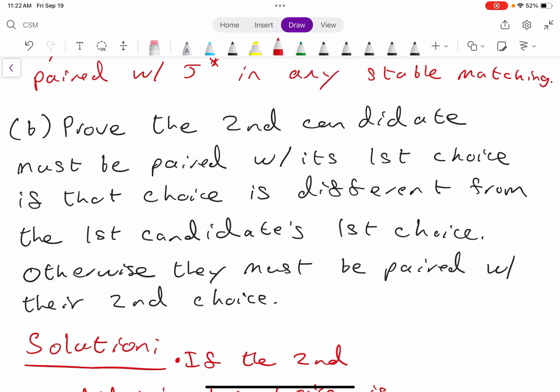Part B asks us to prove that the second candidate must be paired with its first choice if that choice is different from the first candidate's first choice. Otherwise, candidate 2 must be paired with their second choice.